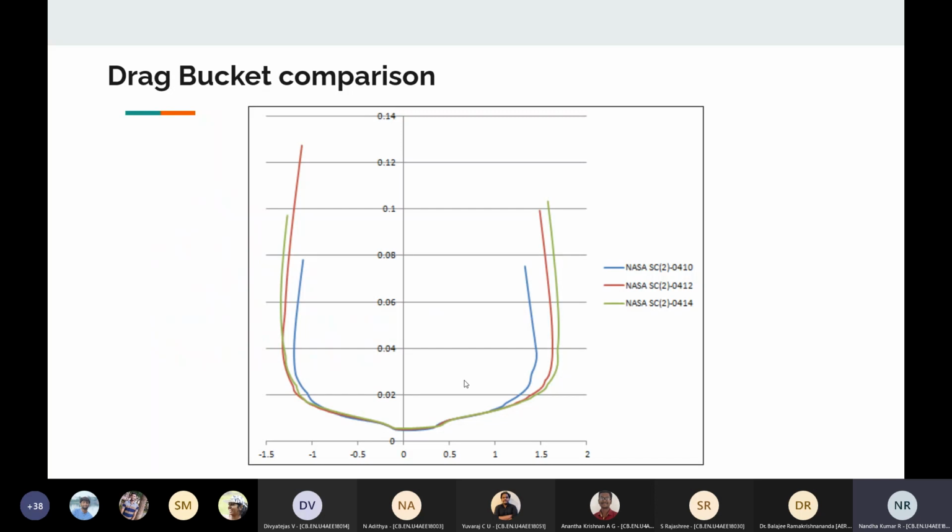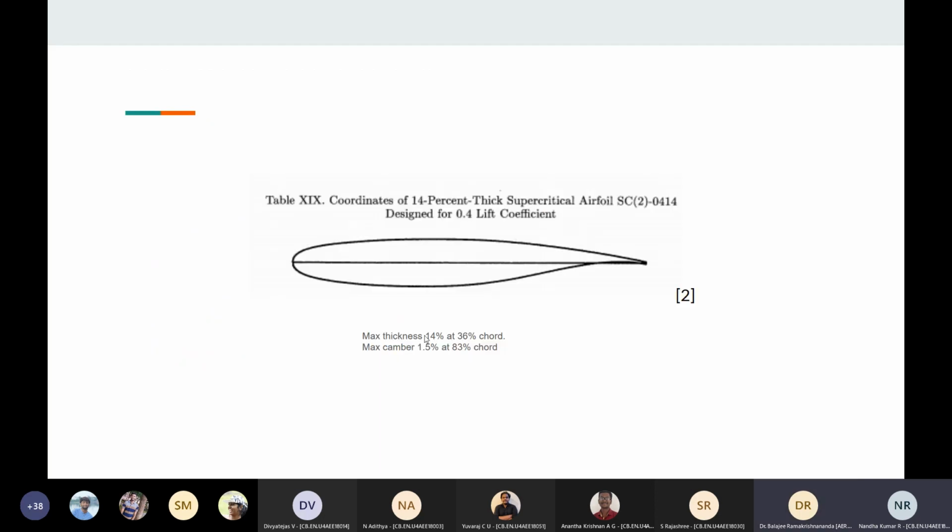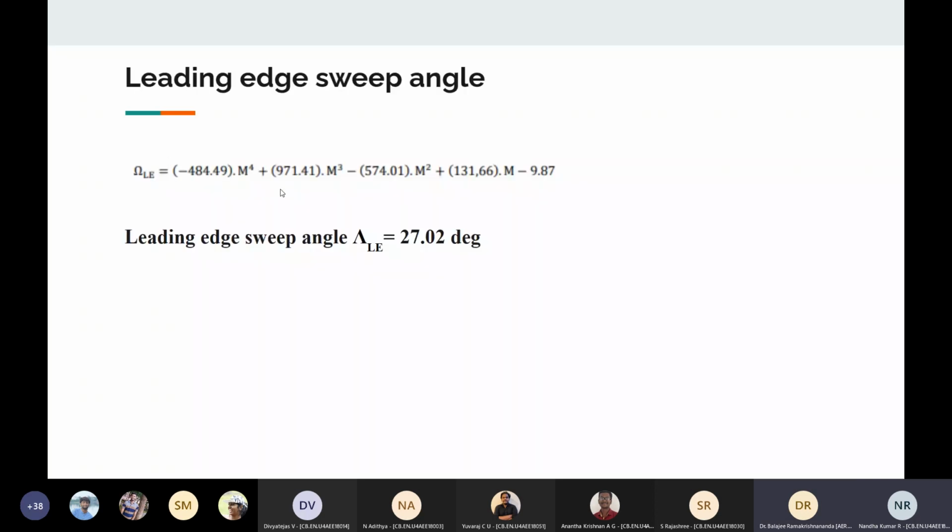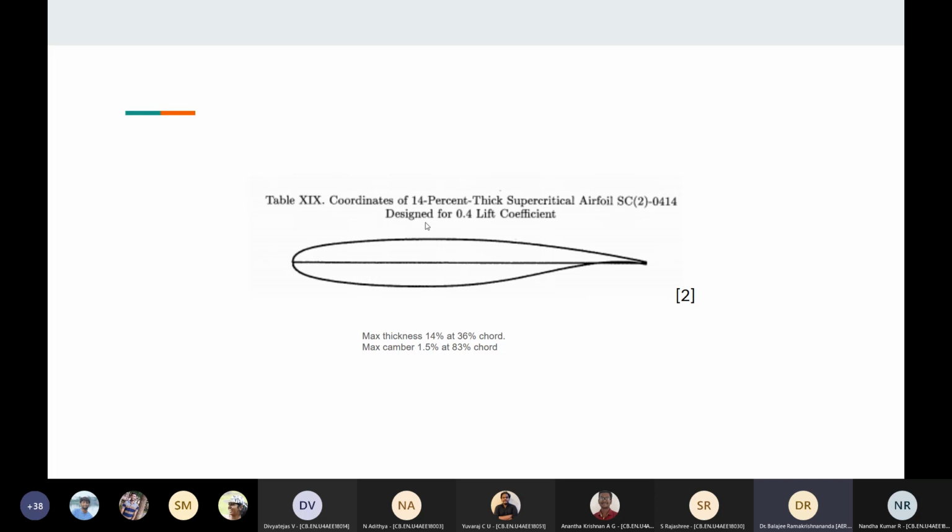Then based on the drag bucket, we chose an airfoil with a maximum thickness of 14% at 36% of the chord, and maximum camber of 1.5% at 83% of the chord. It is designed for a 0.4 lift coefficient. Do you mean the design lift coefficient of this airfoil, or the lift coefficient for which you have designed the cruise? The design lift coefficient for this airfoil, sir, around 0.43. It is not really necessary to mention that or bother about this at this point of time.